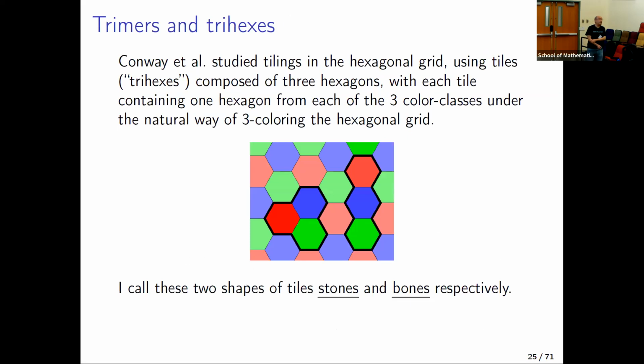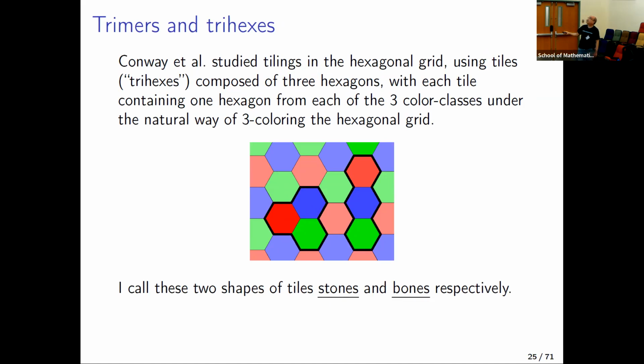And the specific kind of problems they looked at were tilings in the hexagonal grid, which has a natural 3-coloring. And you look at tiles that can be formed by looking at 3 hexagons, which either form this kind of shape on the left, where they're all mutually adjacent, or this kind of shape on the right, where they're consecutively connected to each other.